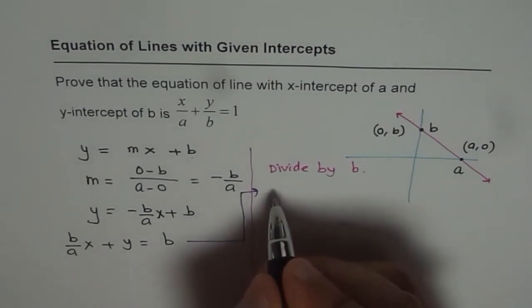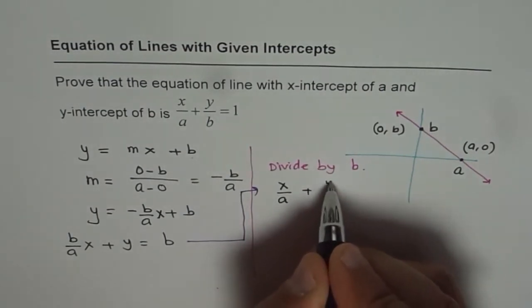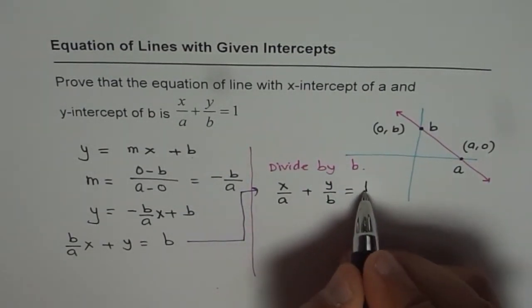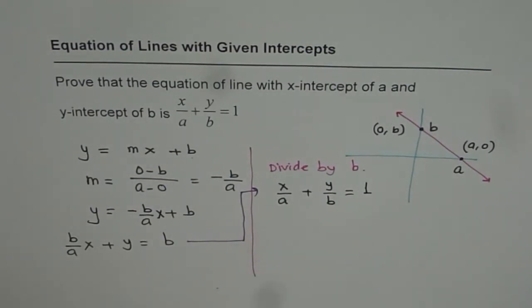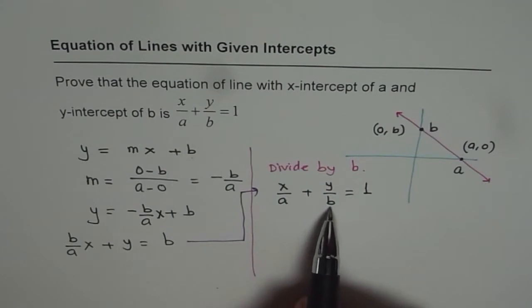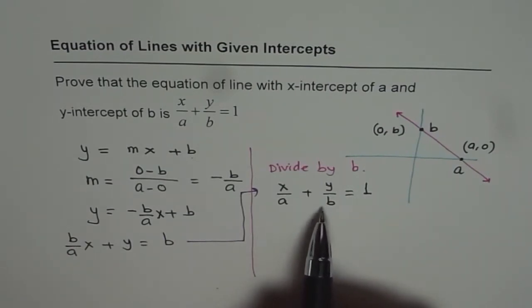Here b cancels, so we get x over a plus y over b equals b divided by b, which is 1. Do you see? So that is the equation of the line for given intercepts: x-intercept of a, y-intercept of b. We get this equation. This is a very useful equation and makes sense.